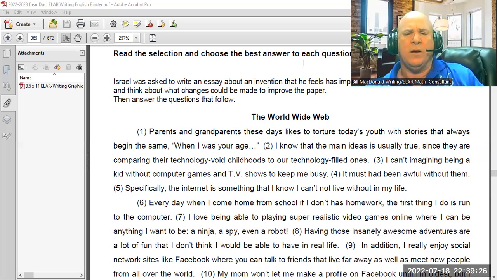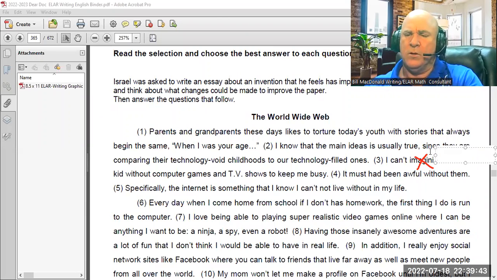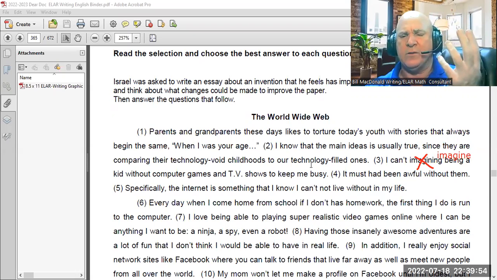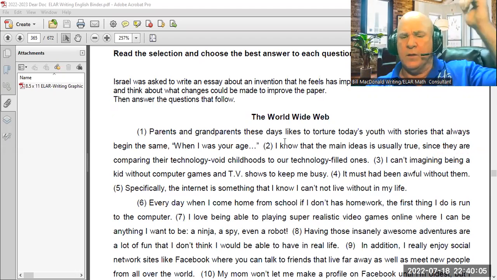So I think that imagining is the one that we're going to change. Change imagining to imagine. It's red, but that's okay. All right. And then you try it out loud and see how it sounds. Capital I cannot imagine being a kid. Sounds good now.